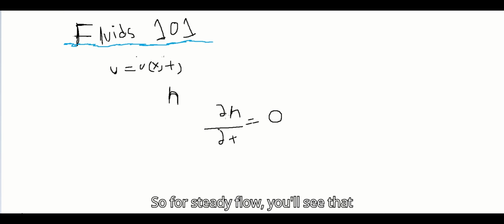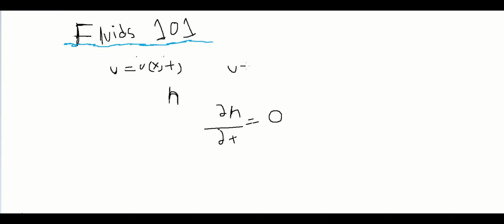So for steady flow, you'll see that there's not going to be a change in this property for a change in time because the flow is steady, right? So u here we can also denote in standard vector notation.